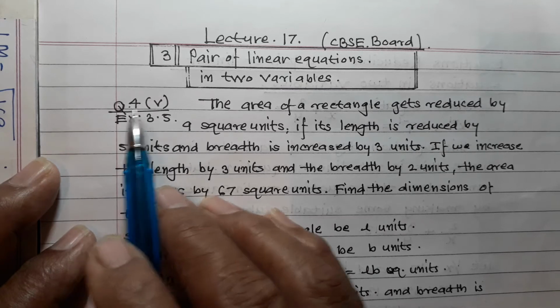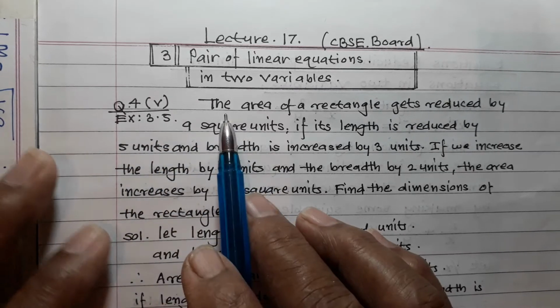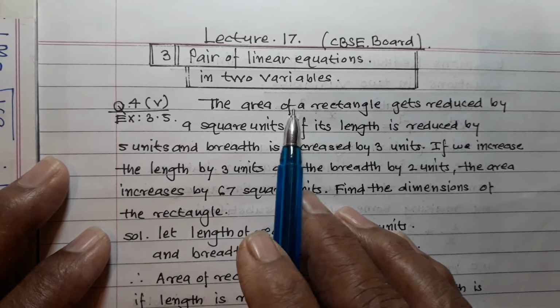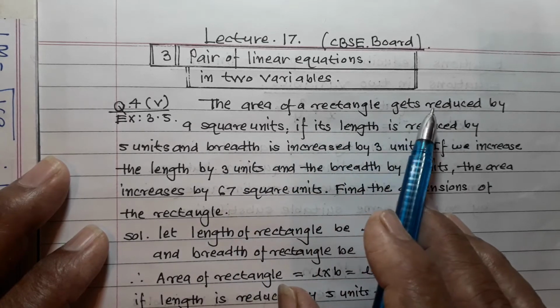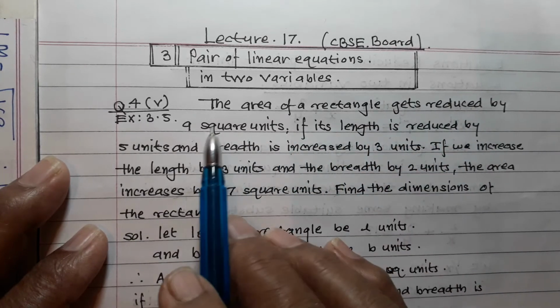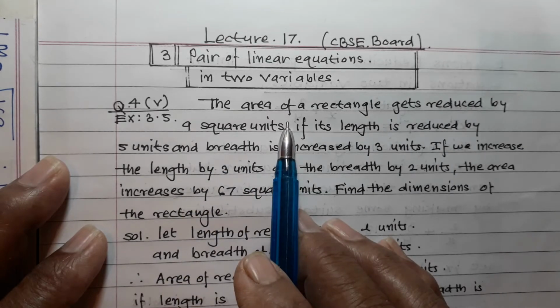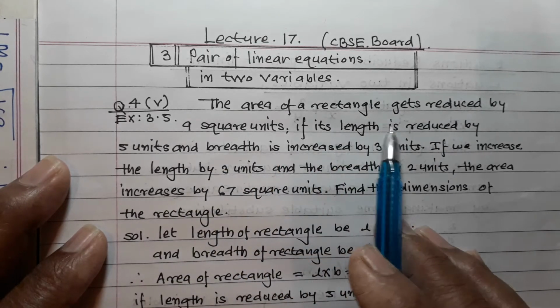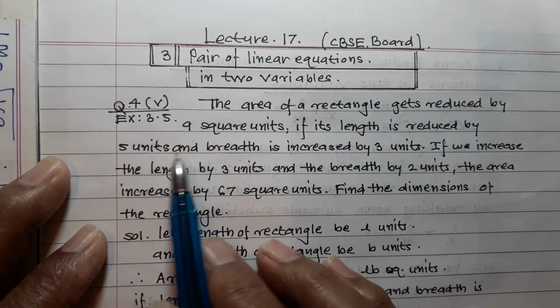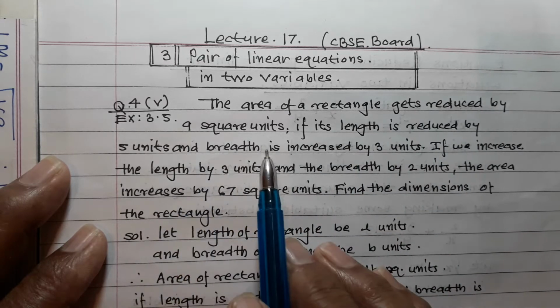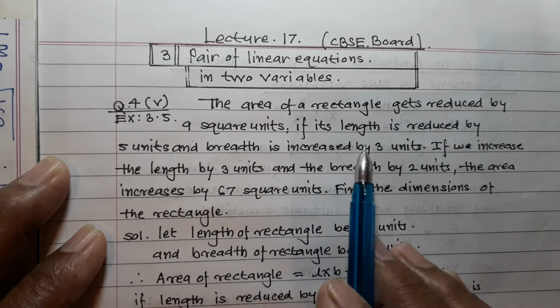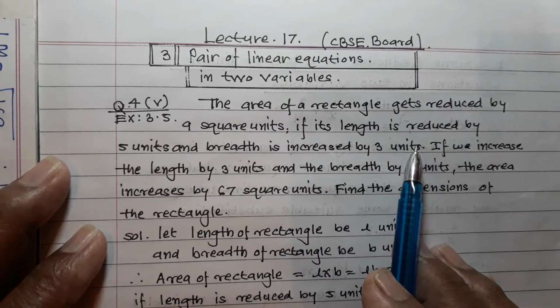Question number 4, fifth. The area of a rectangle gets reduced by 9 square units if its length is reduced by 5 units and breadth is increased by 3 units.